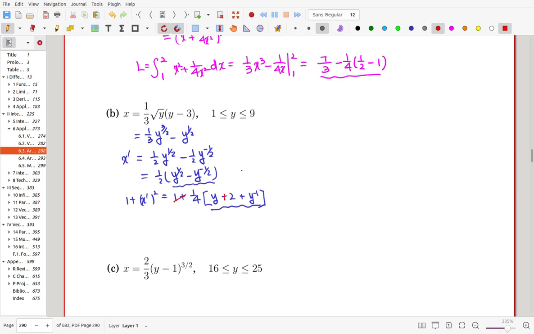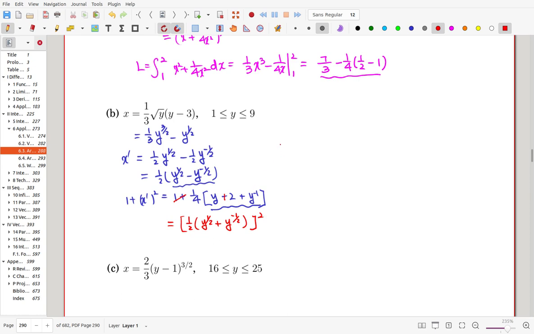Then in fact that term will be the same as the square of this term with the minus replaced with positive. So this is the same as half times y to the 1/2 plus y to the minus 1/2, and the whole thing squared, right?